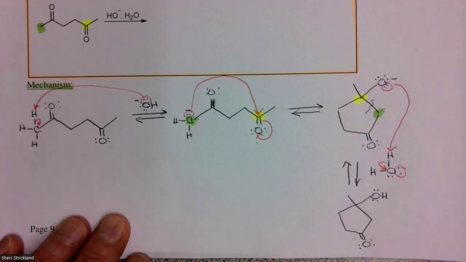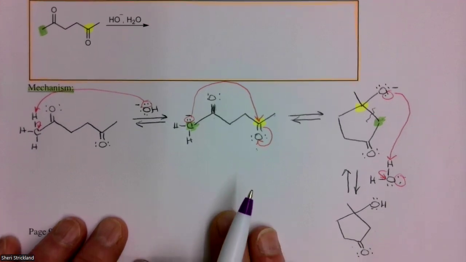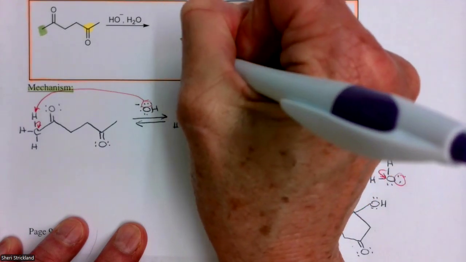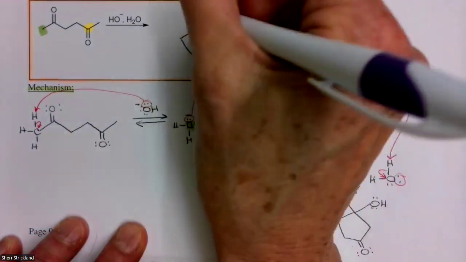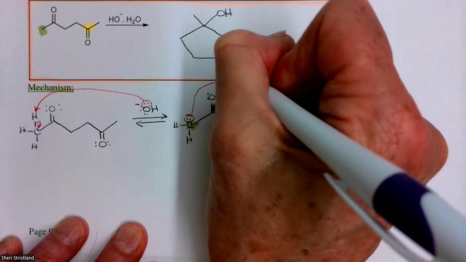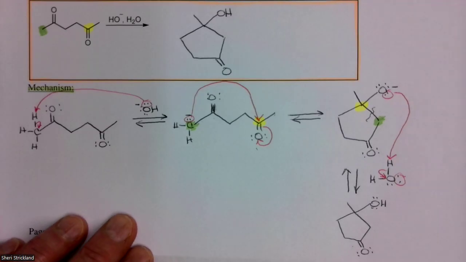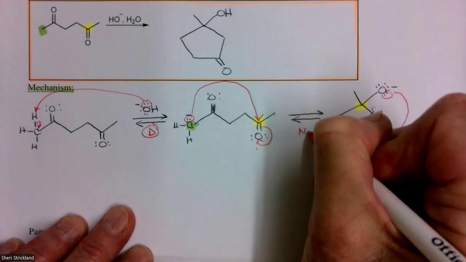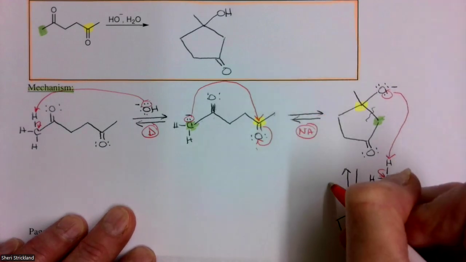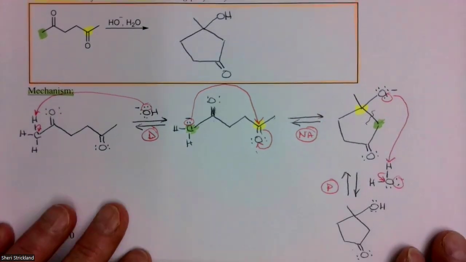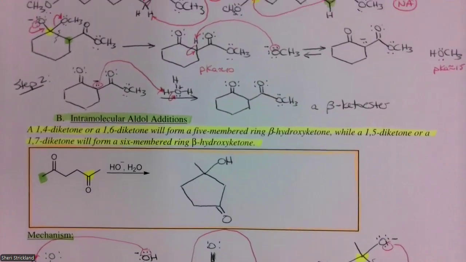All right, so let's just transfer the product up into this box here. And you can color code it however you like to remind yourself of where the pieces went. All right, so this was a deprotonation, a nucleophilic attack, and a protonation. Let's see if we did all of the annotations up here.